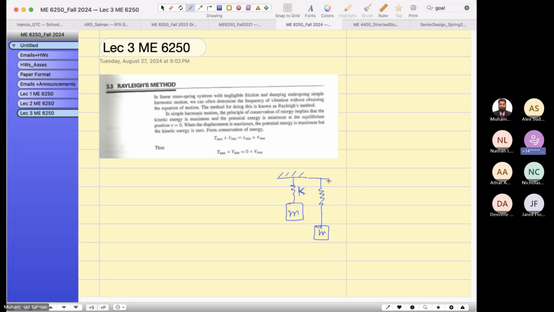Initially the length of the spring is L, and then it deflects with the delta, L plus delta. So the formula here is, the T represents the kinetic energy and big V is the potential energy.